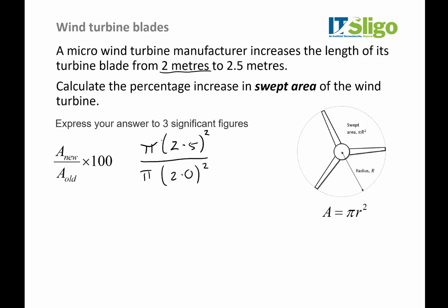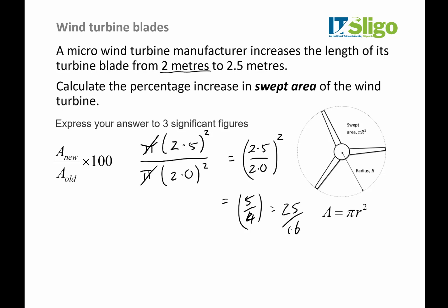Now we don't actually need to get our calculators because we can cancel pi there. This is really now 2.5. Remember, the squared can go like this. And this will be 2.5, so 5 over 4 to be squared, which is 25 over 16.